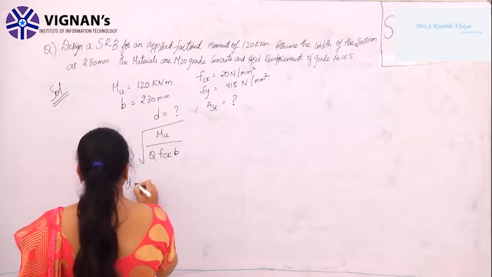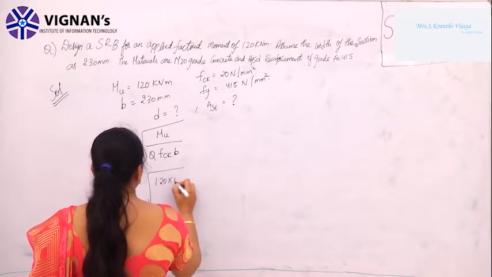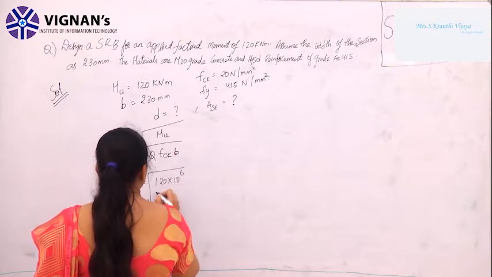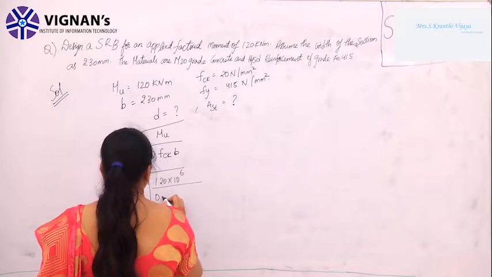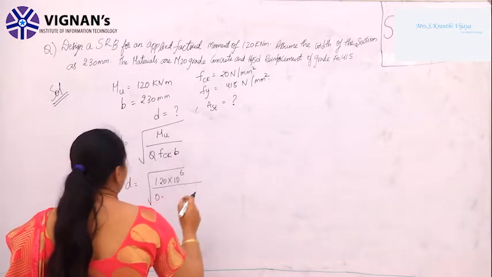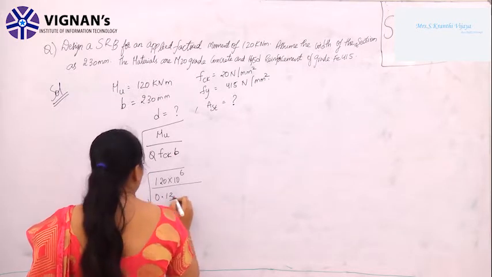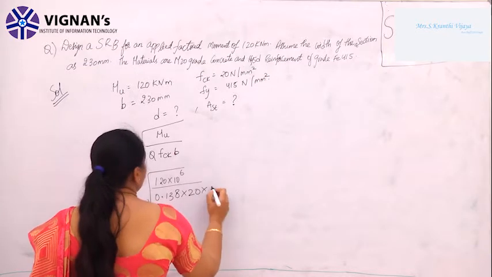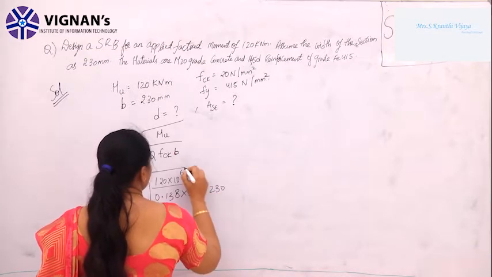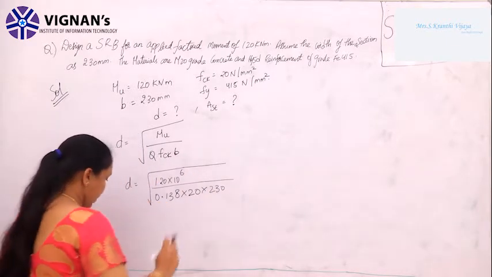Then d will be equal to Mu, which is 120 into 10 to the power of 6, divided by, as it is Fe 415 grade, the Q value will be 0.138 into 20 into B, which is 230 mm.